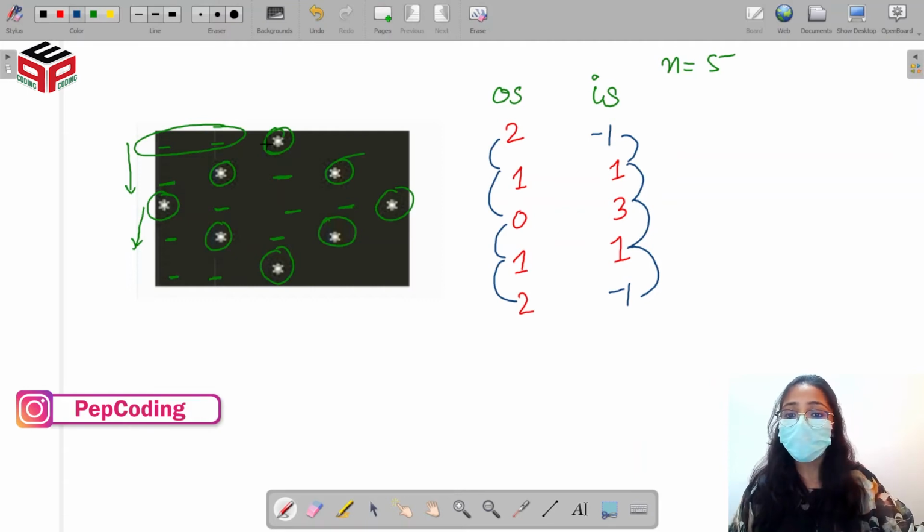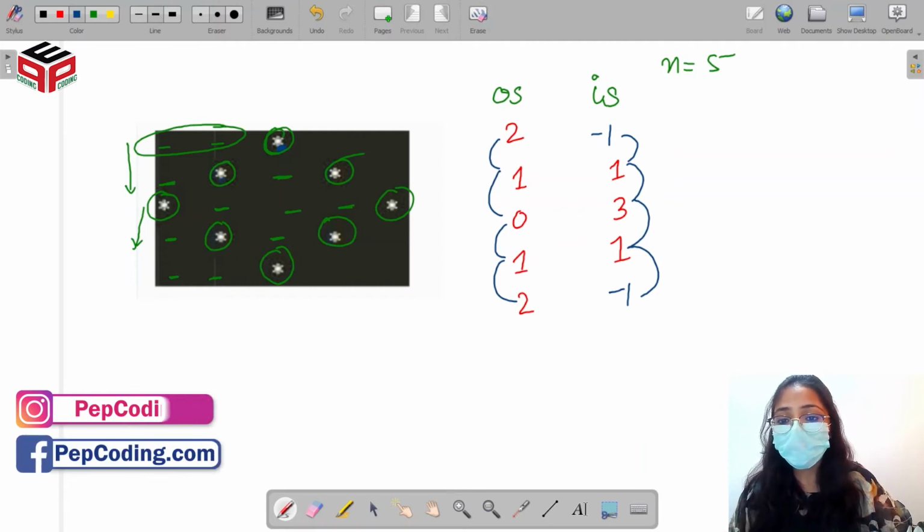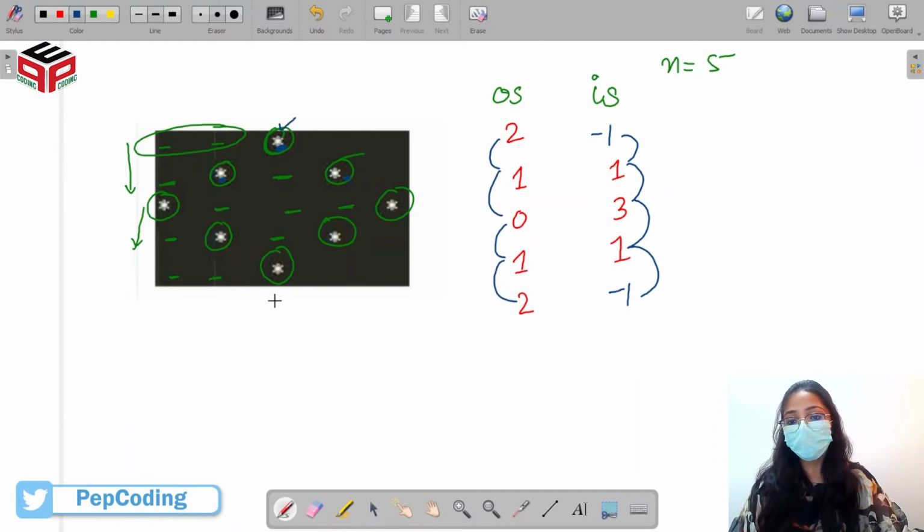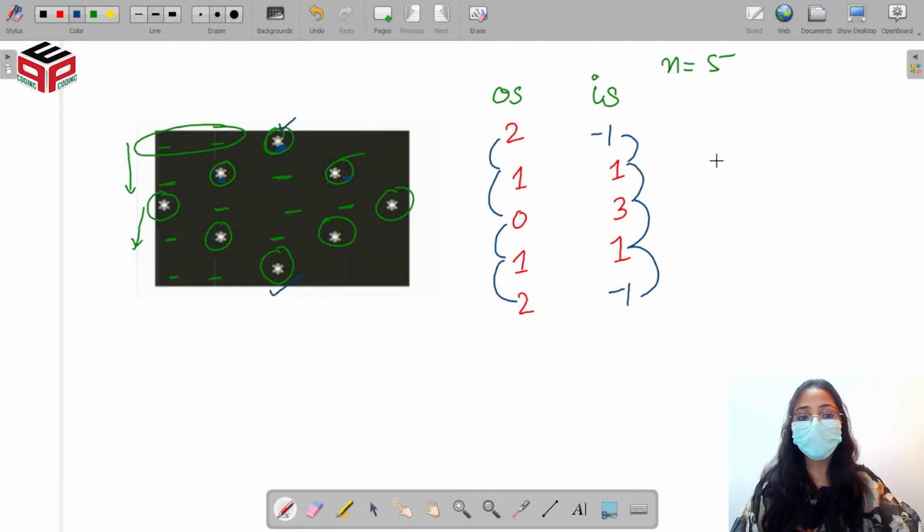Then I also have to deal with the stars. In the first and the last row, I have 1 star each, and in the rest of the rows, I have 2 stars. I have to make sure to stick to this pattern and then print.